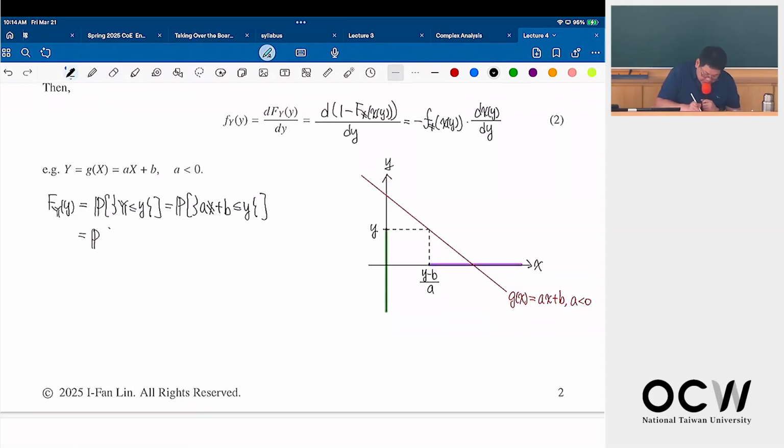So here the x should be greater than or equal to y minus b over a.